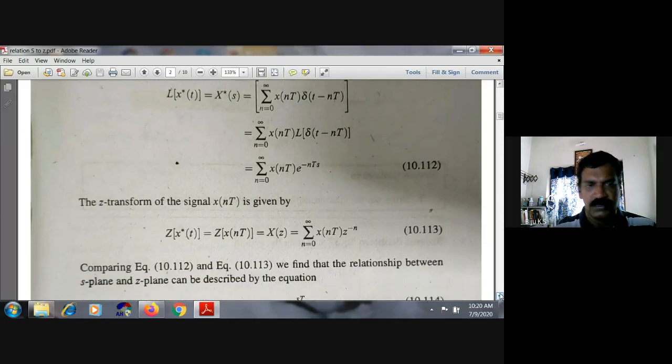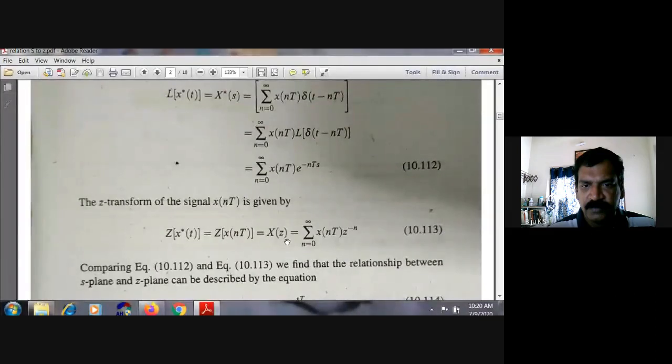Next, the Z transform of x of nT is given as the Z transform of x star of t, which is equal to the Z transform of x of nT, since x star of t can be replaced as x of nT after sampling. That is X of z, equal to the summation of n from 0 to infinity of x of nT z raised to minus n.